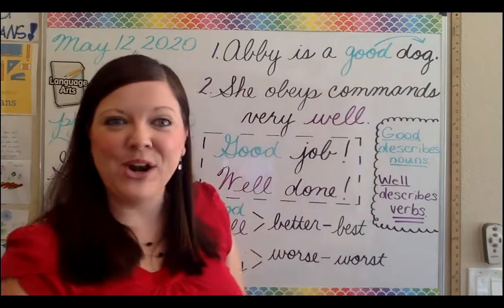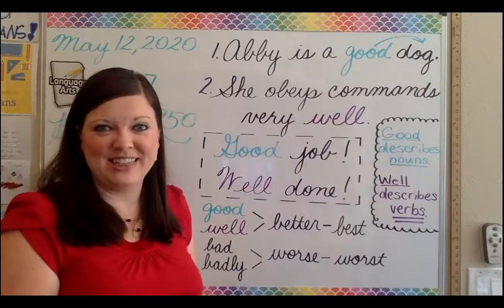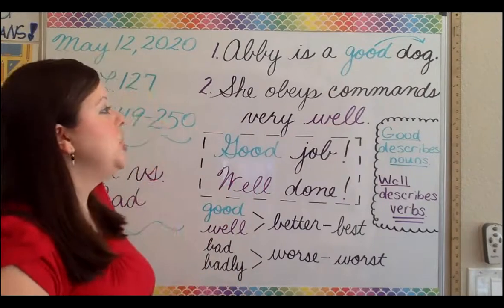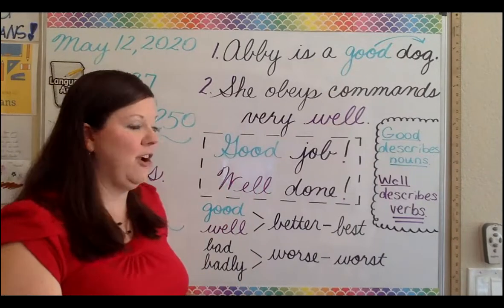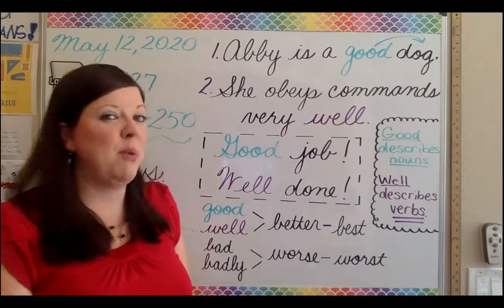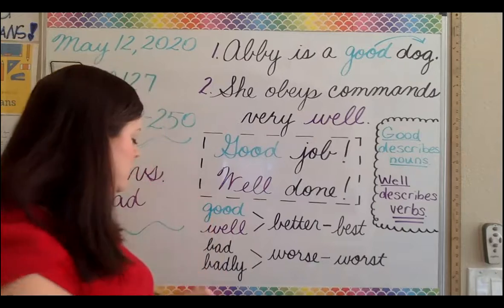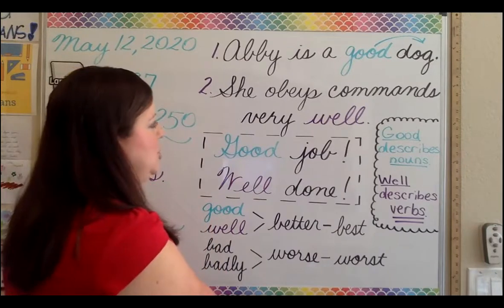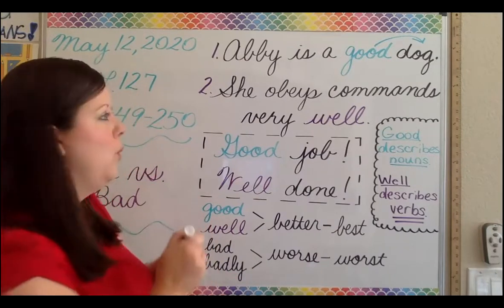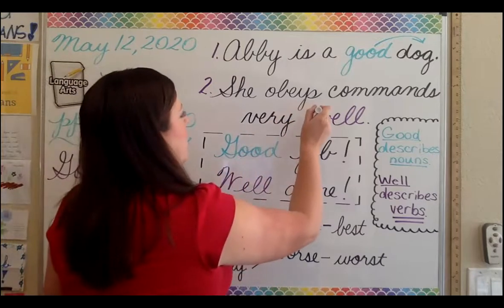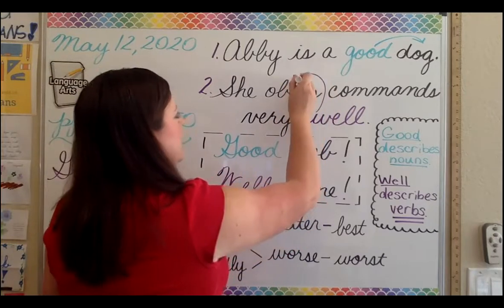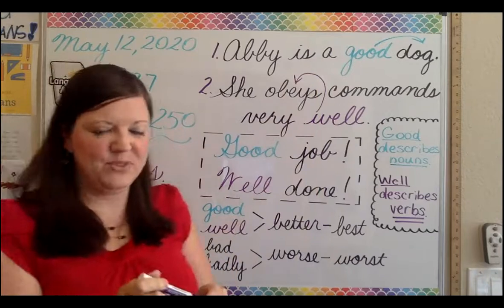The noun here is dog. Let's look at the next sentence. She obeys commands very well. Remember, well is an adverb and it tells how you do something. How is she obeying? She's obeying well. Well describes a verb, obeys.